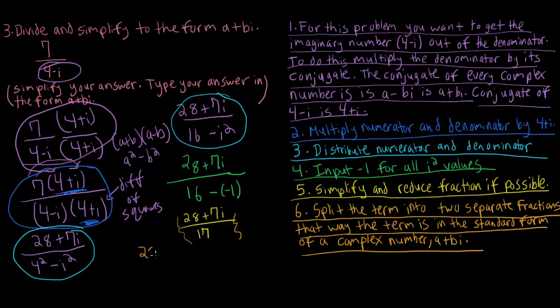So we have 28 over 17, which doesn't simplify because 17 is a prime number, and then plus 7i over 17, and this doesn't simplify either. So that ends up being our answer, 28 over 17 plus 7i over 17. And then this is our a, plus this right here is our bi.